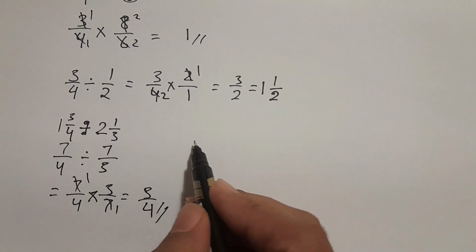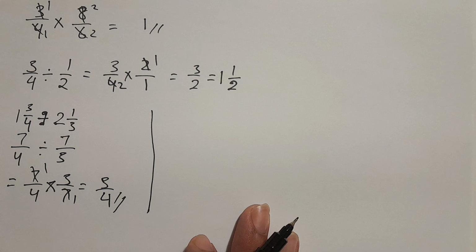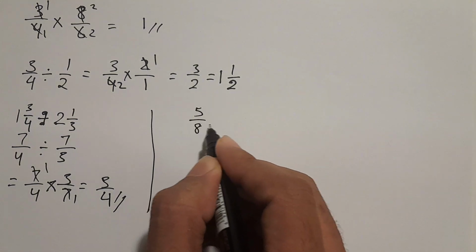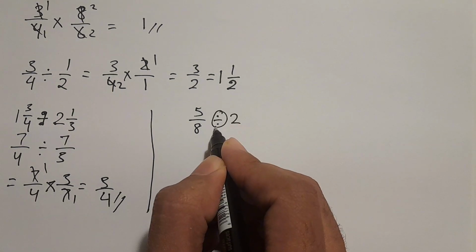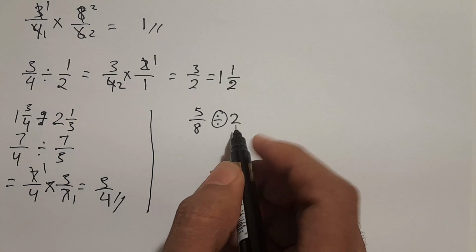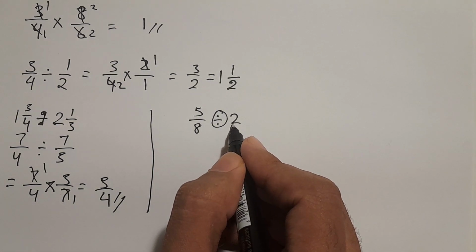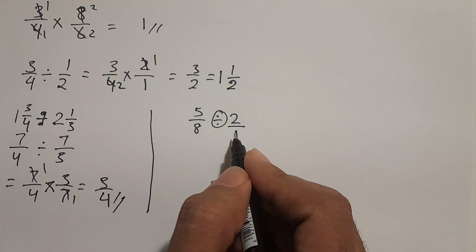And the last example regarding dividing fractions is 5 over 8 divided by 2. So when you convert division to multiplication, and over here we have only 2 as a single number, always and every time below a whole number there is 1, because 2 divided by 1 will be 2.